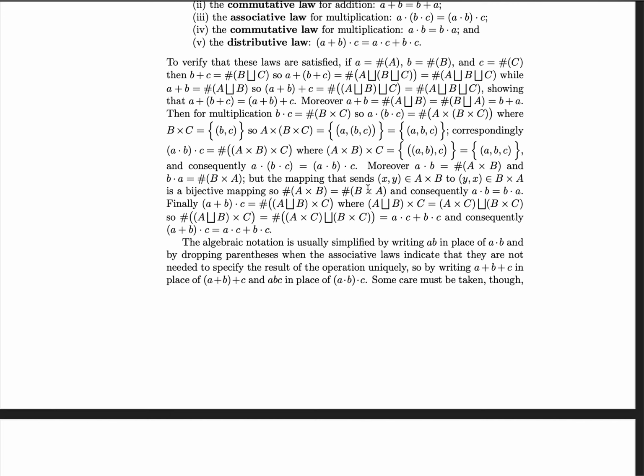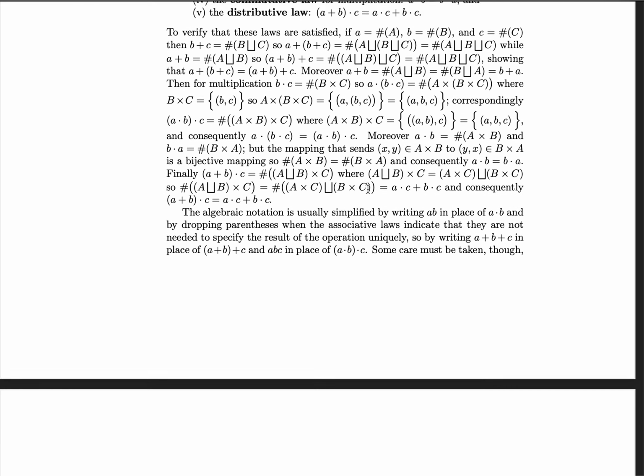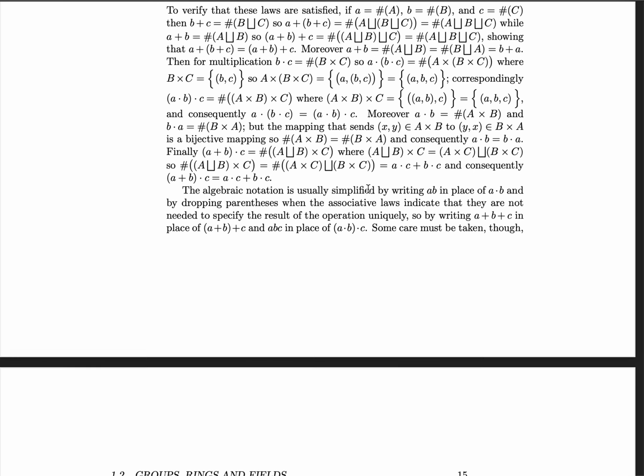Finally, for multiplication, we have b times c is the cardinality of the set B Cartesian product with C, and so a times (b times c) is the cardinality of A Cartesian product the set B Cartesian product C. And that's a little hard to visualize, so you can either consider that as a formal product of three elements, or you consider it as a matrix that extends in three dimensions, a bit like a cube or rectangular object in 3-space.